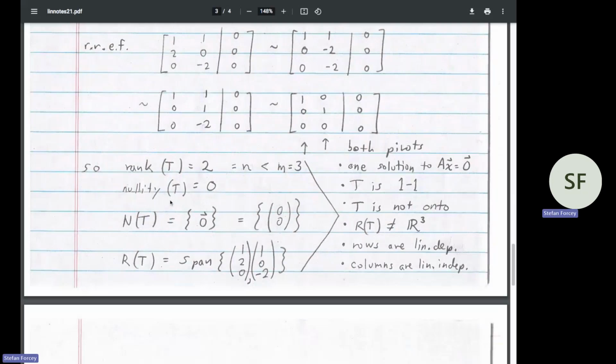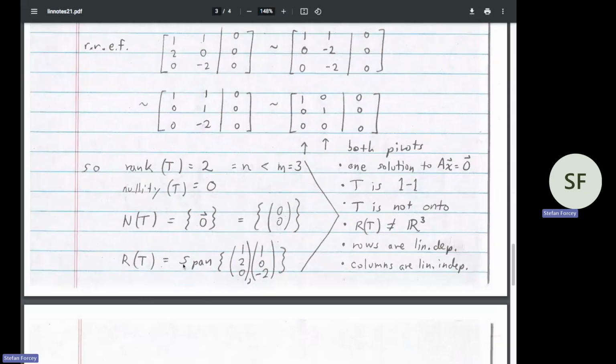Then I went back and wrote that the rank of T was 2, since there's 2 pivots, and that happens to equal N, which was smaller than M, which was 3. The nullity of T was equal to 0, since the null space is equal to 0, there's no linearly independent vectors in there.